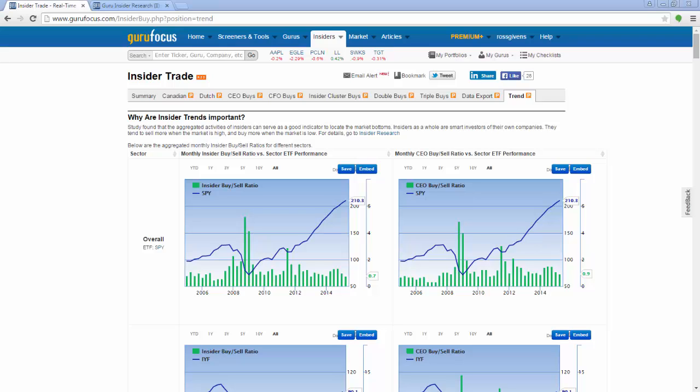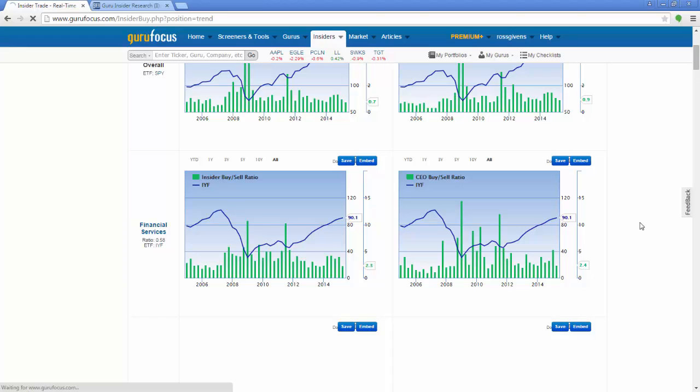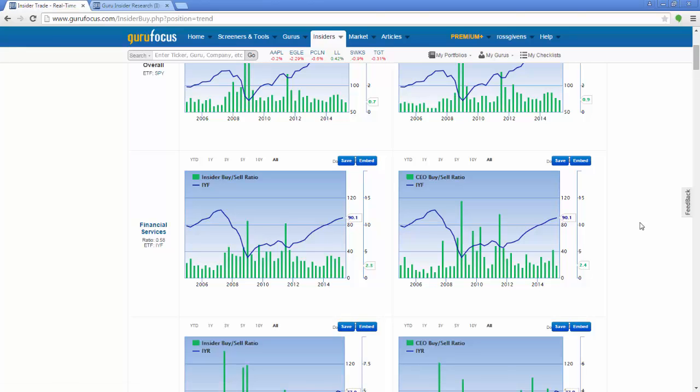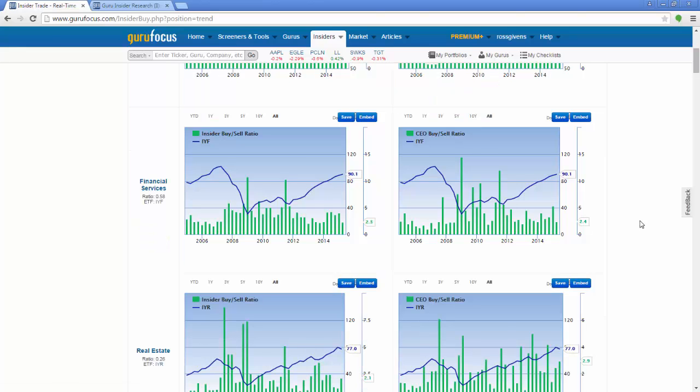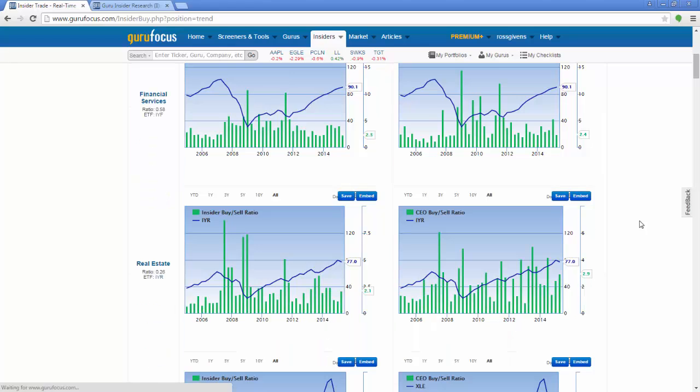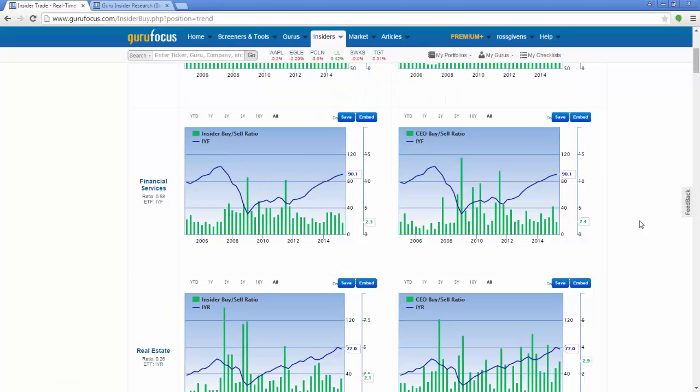So who is more qualified to say this is a great time to buy Exxon stock or this is not a great time to buy Exxon stock? When we look at that CEO activity, which is shown here in the insider trend section, they are just acutely talented at timing those buys. We'll look at financial services, for instance, because those guys are right in the market, right?